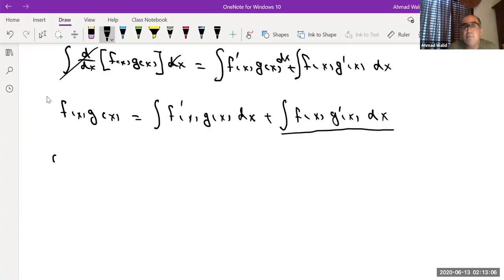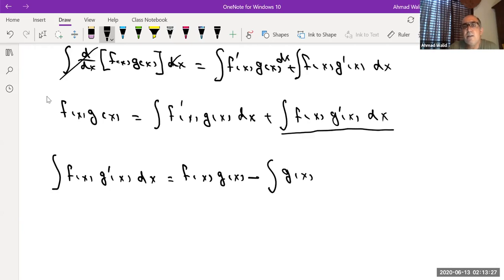It means you will end up with the integral of f(x) g'(x) dx equals f(x) times g(x) minus the integral, let's put this one also in a nice order, g(x) f'(x) dx. This is actually the formula for integration by parts.